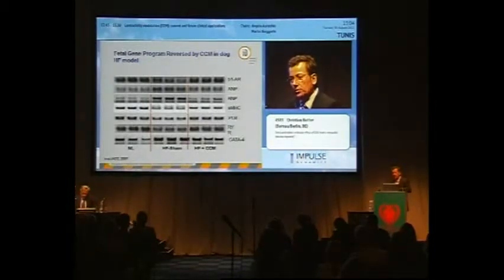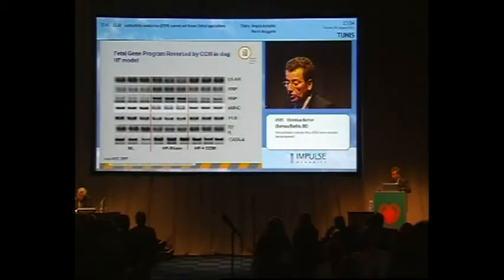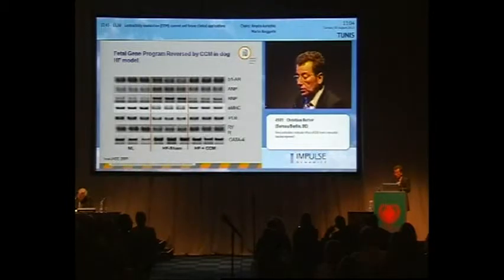Those are the dogs which are not treated by CCM. You see in the middle that ANP and BNP are upregulated as an index for increased heart failure. Alpha-myosin heavy chain are downregulated. And after treatment, you see, for example, ANP and BNP in downregulation, which means a normalization of those fetal gene programs.